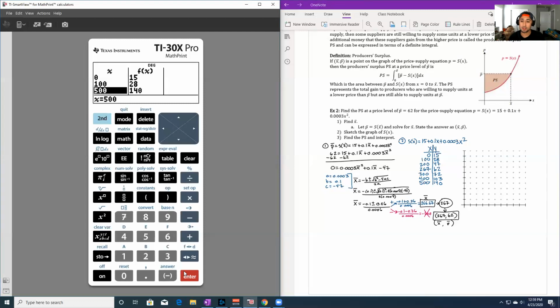Okay, let's make my XY chart appropriate. All right, so with that being said, 0, 100, 200, 300, 400, 500. Now for my XY values, we go up to basically 100.